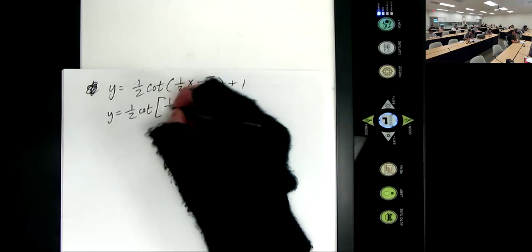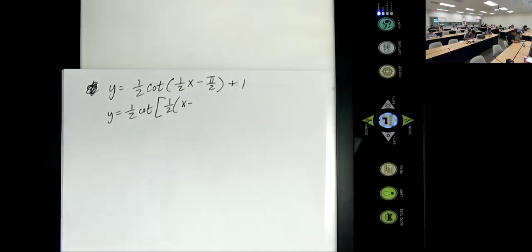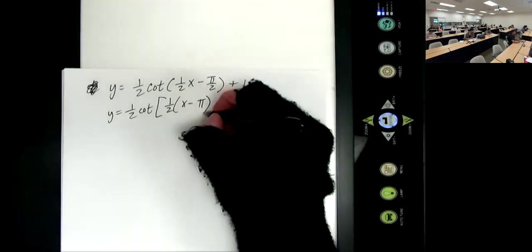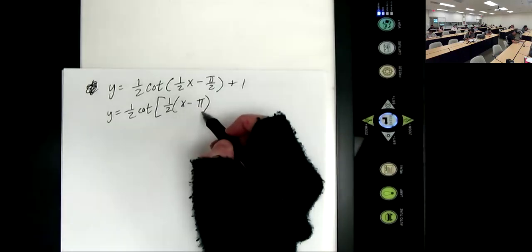What happens if I factor out that 1/2? It's x minus pi. You wanna verify it, multiply it back in, you'll see you get pi over 2 when you multiply the 1/2.